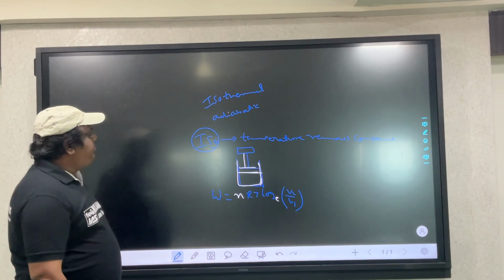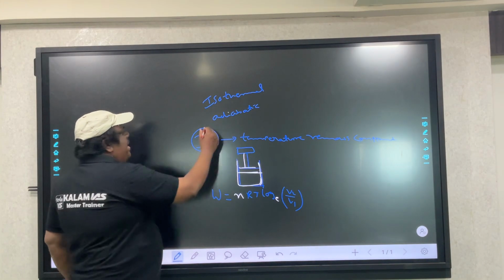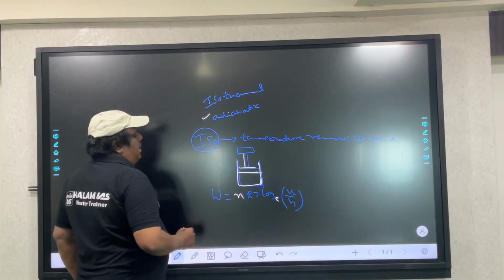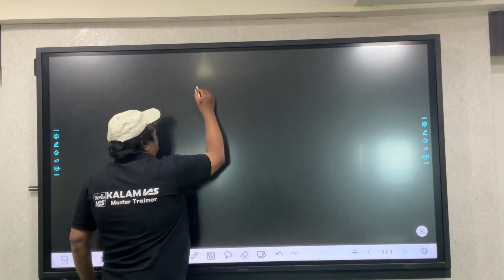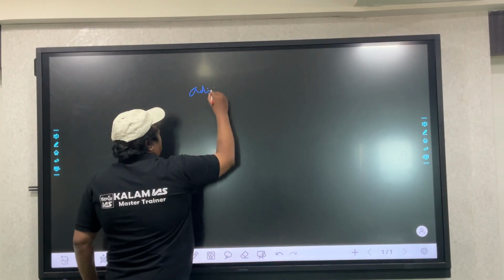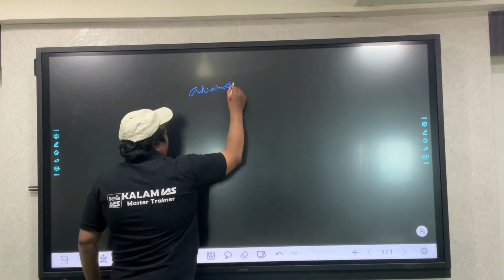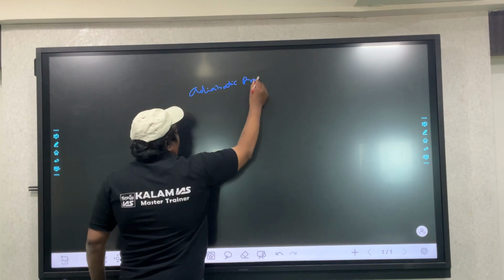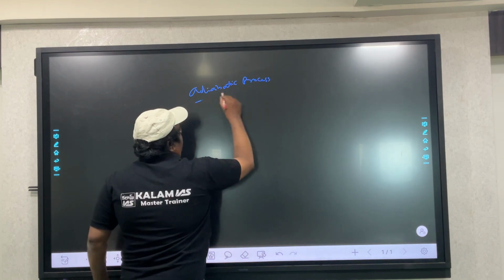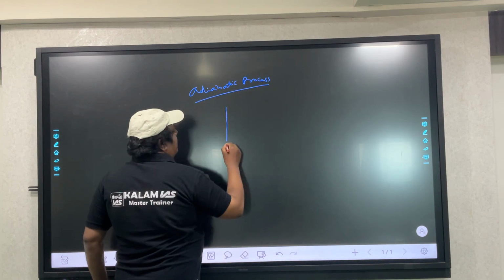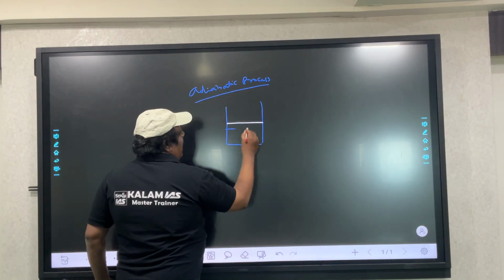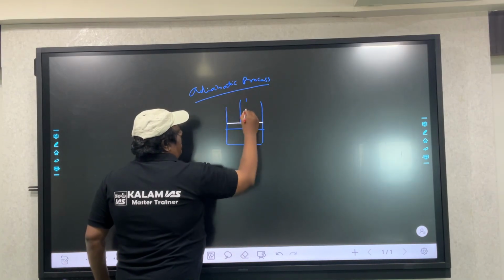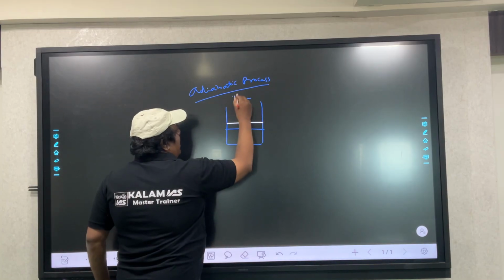Next one, adiabatic process. Here, in the case of an adiabatic process, the cylinder as well as the piston are made with bad conductors.